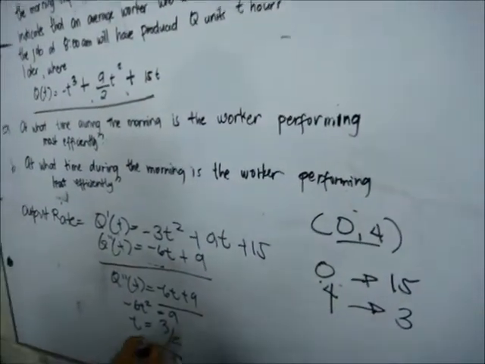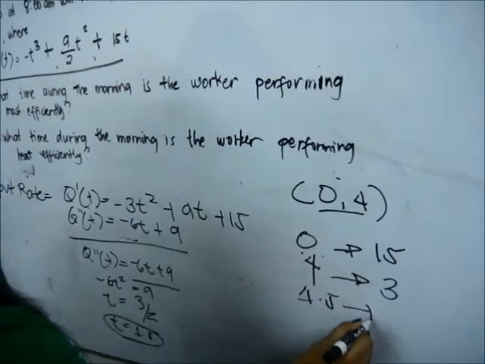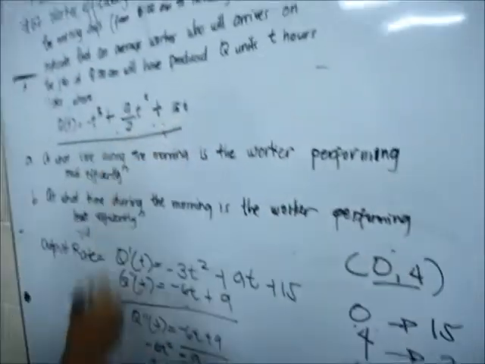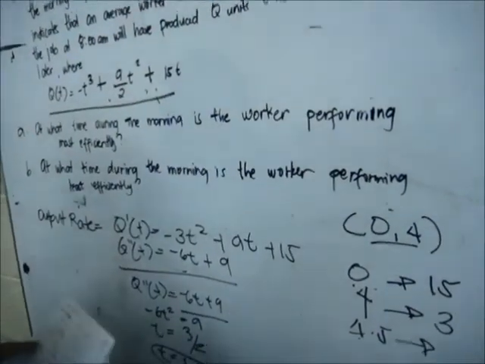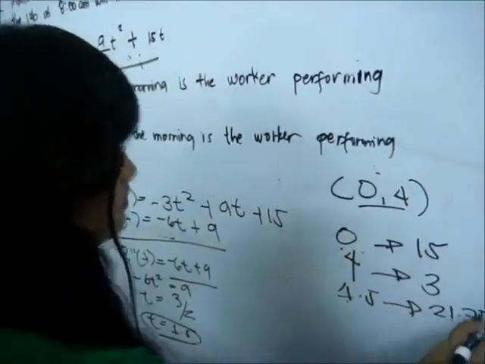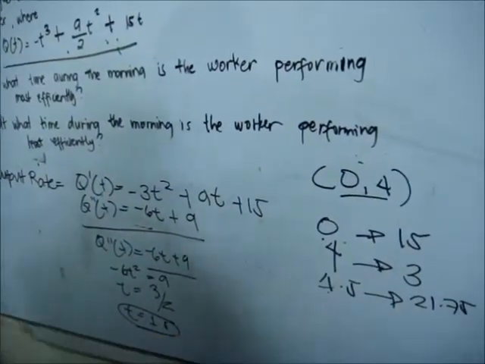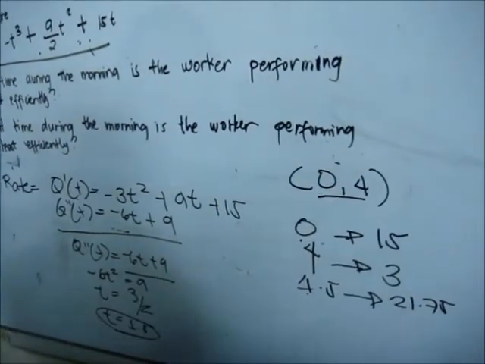And for 1.5, substitute 1.5 to the equation, which will result in 21.75. So according to the results, the highest is at 1.5, which is 21.75.